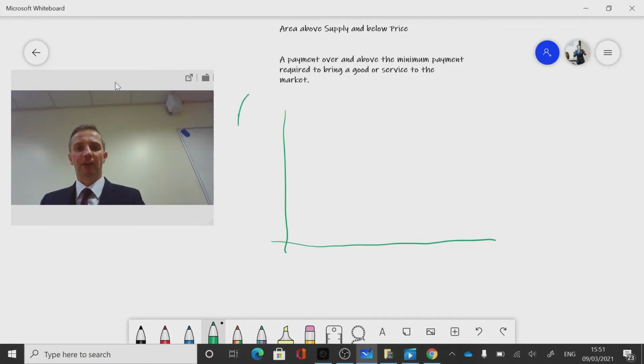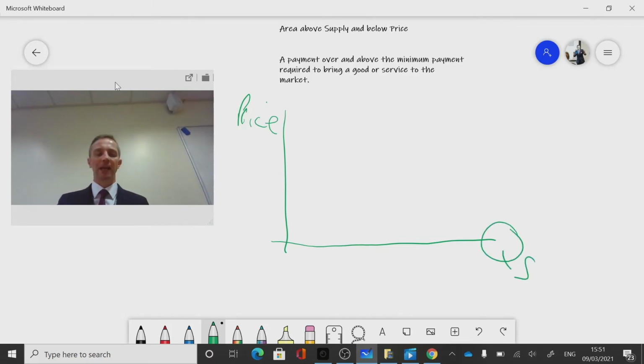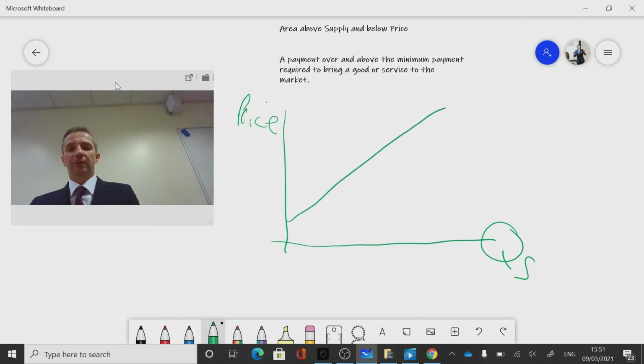So we will have price, obviously, on our y-axis and quantity supplied on the x-axis. And we'll have our supply curve just as normal, S1. And we want to just indicate a specific price point. So in this instance, P1 and Q1.